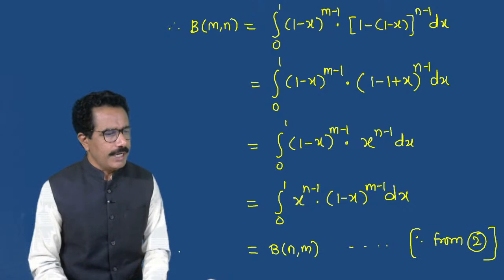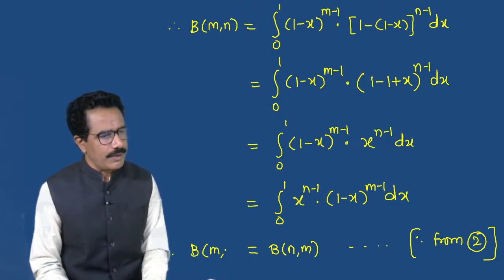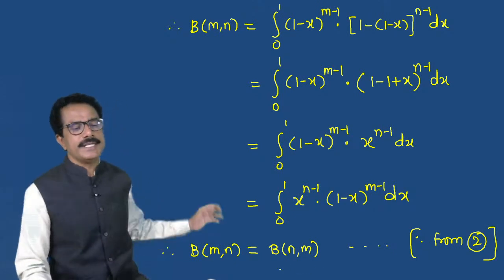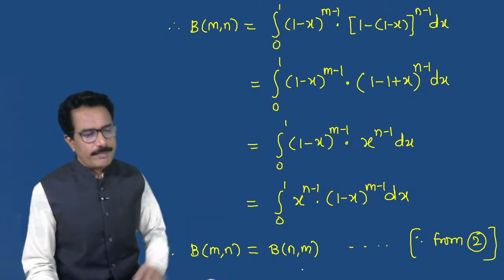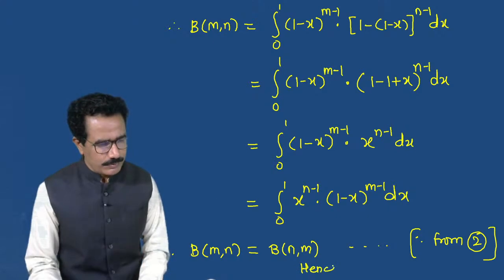Therefore beta m comma n can be written as beta n comma m, and hence proved.